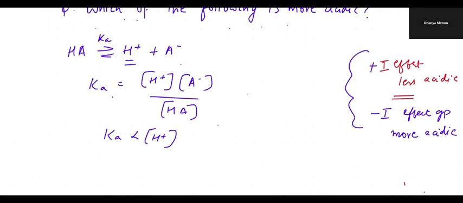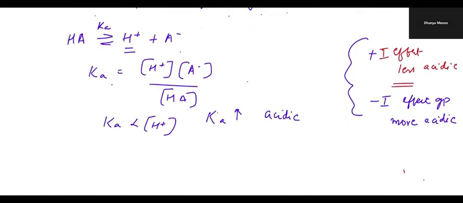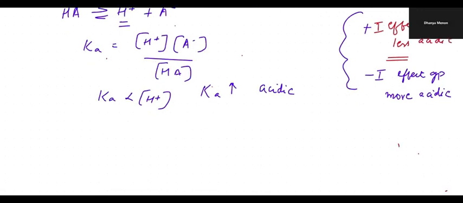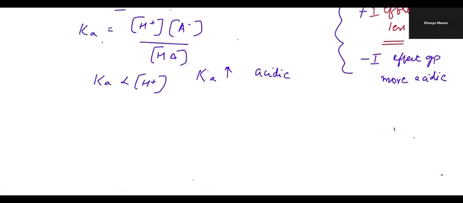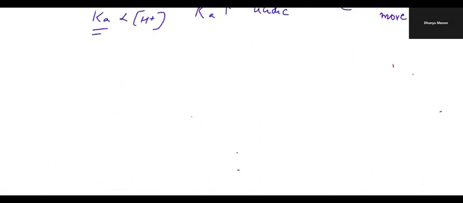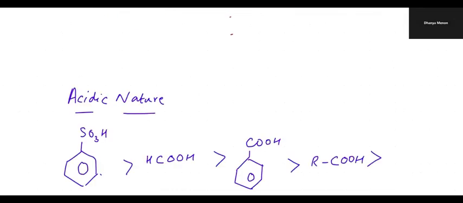As the Ka value increases, acidity increases because the H plus ions are more. Based on this, you don't have to memorize anything about Ka. Just remember the list of substances that have the acidity order.